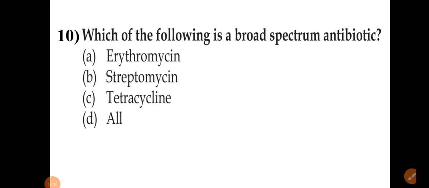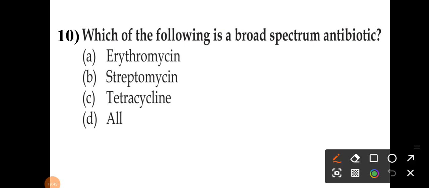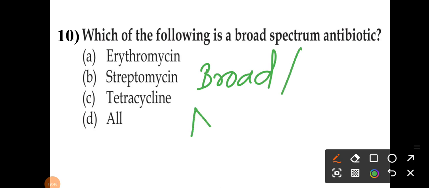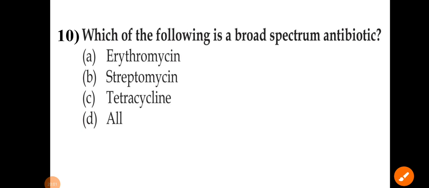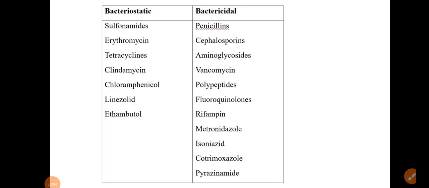Okay, the next one, which of the following is a broad spectrum antibiotic? Here is again the classification of broad or the narrow spectrum. So erythromycin, streptomycin, tetracycline and all of the above. So what is the correct answer? We know the broad spectrum, so that is our tetracycline.